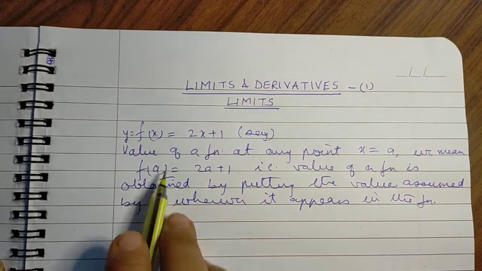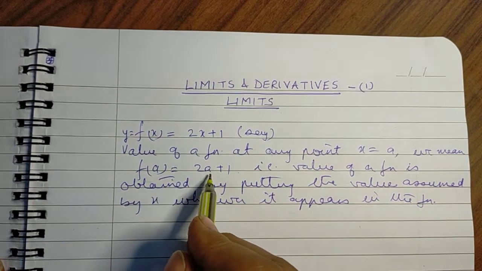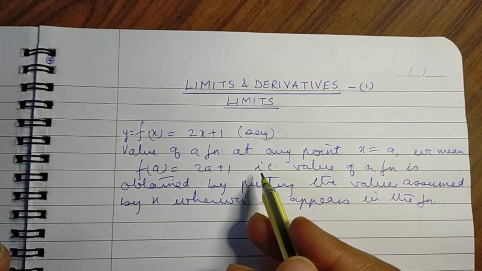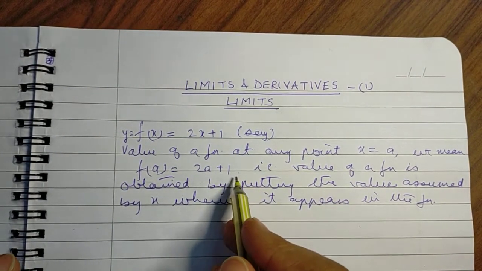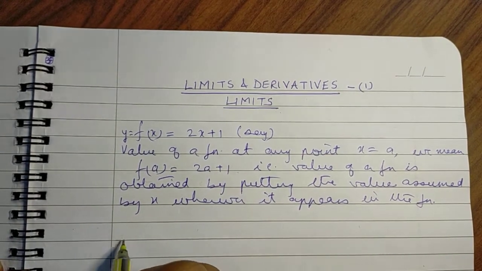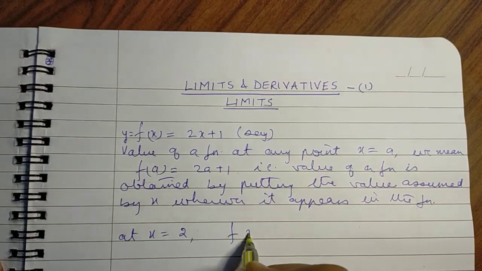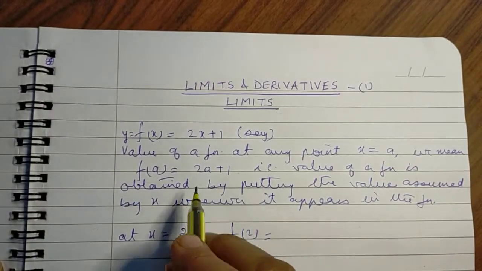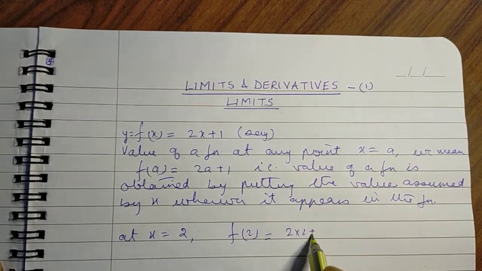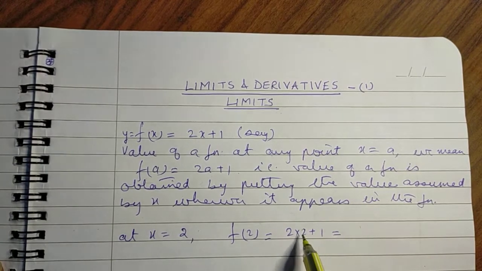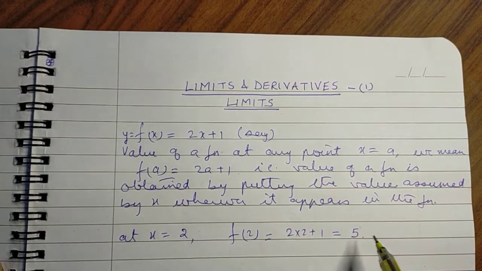Same way, we can find the value. Here, a could be positive, negative or 0. Suppose we want to find it at x equal to, let's say, 2. f(2) will be equal to 2 into 2 plus 1, that is 4 plus 1, that is 5.